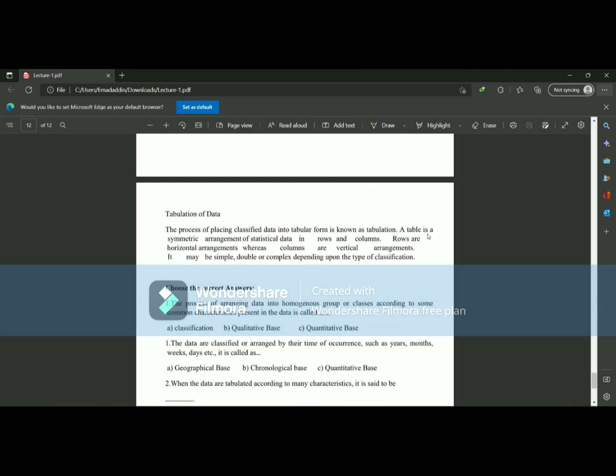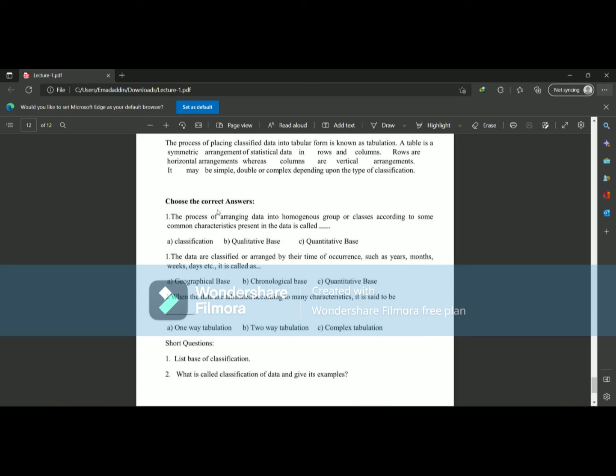A table is a systematic arrangement of statistical data in rows and columns. Rows are horizontal arrangements, whereas columns are vertical arrangements. It may be simple, double or complex depending upon the type of classification.